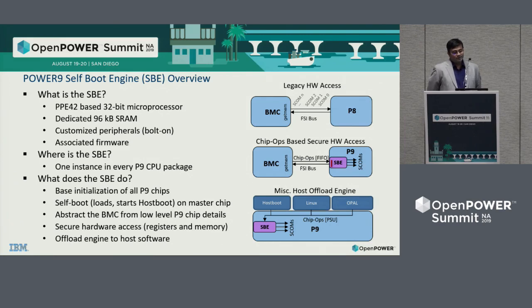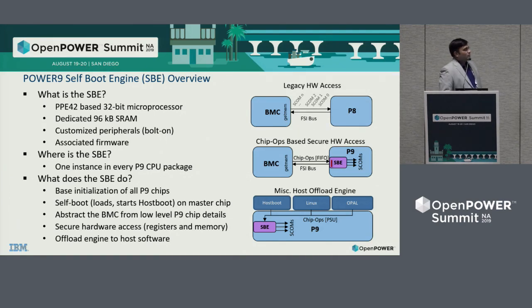There are two primary interfaces that can talk to the SBE. One is called the FIFO-based interface. If you look at the legacy hardware access, the BMC had to have all the integrated knowledge of the hardware, and it had to send SCOM commands, which are basically register reads and writes, into the hardware over the FSI bus to do any meaningful hardware initialization or operations.